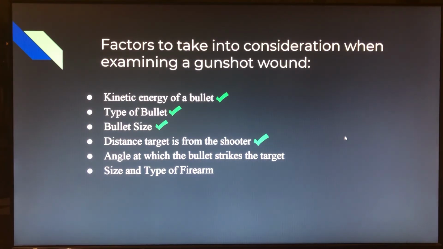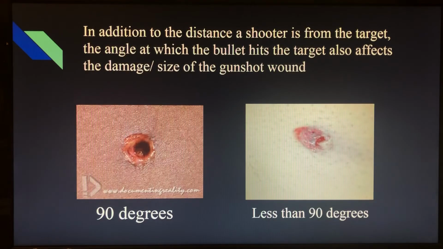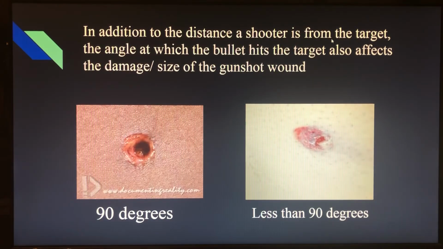So another factor to take into consideration when examining gunshot wounds is the angle at which the bullet strikes the target. In addition to the distance a shooter is from the target, the angle at which the bullet hits the target also affects the damage and size of the gunshot wound. So if you fire at someone from 90 degrees, you're going to have a more direct shot, which will ultimately cause more damage.